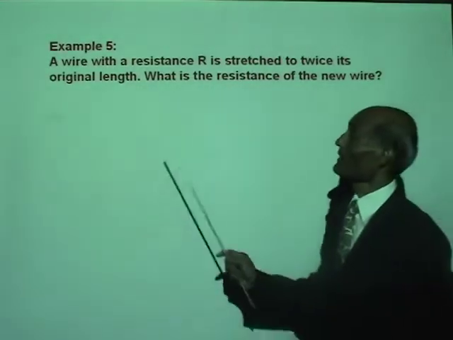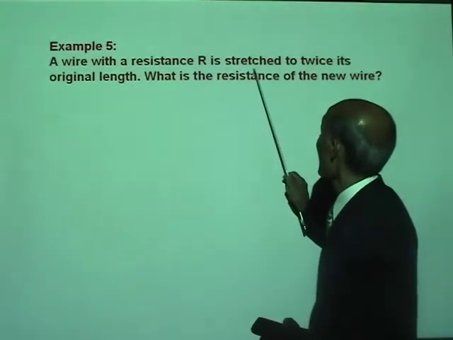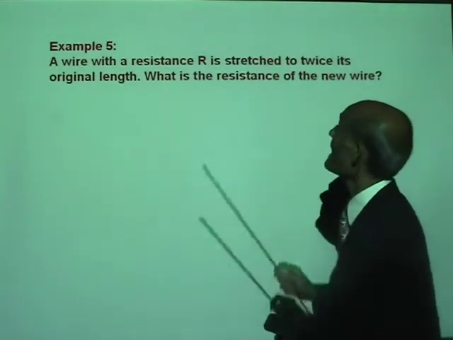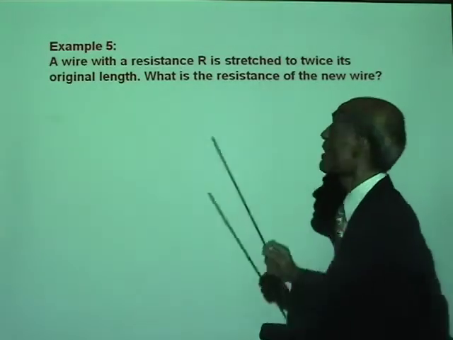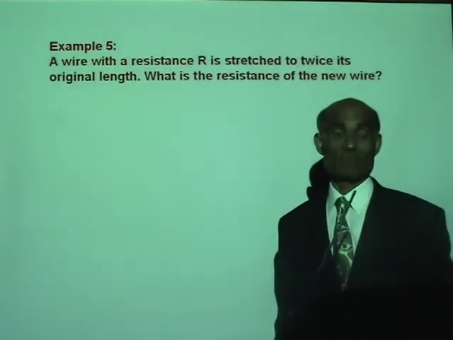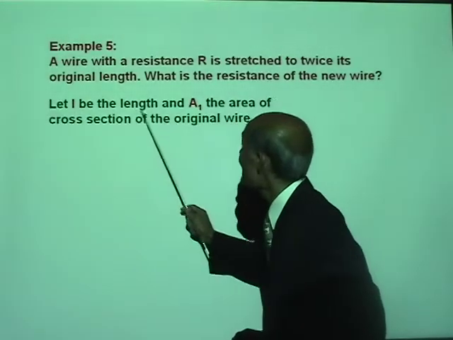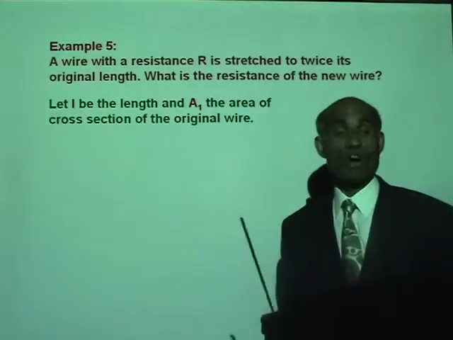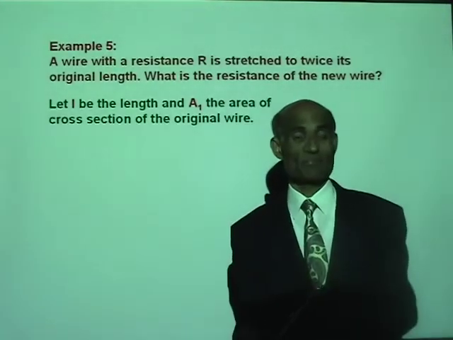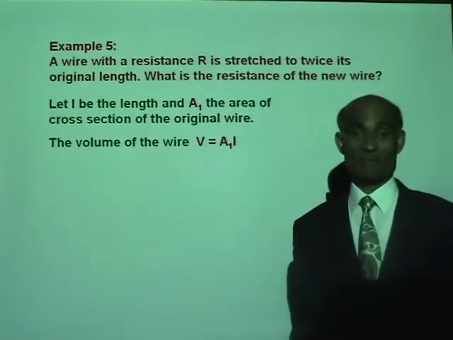Another question. A wire with a resistance of R is stretched to twice its original length. What is the resistance of the new wire? Well, let L be the length and A1 be the area of cross section of the original wire. Therefore, what is the volume of that wire?